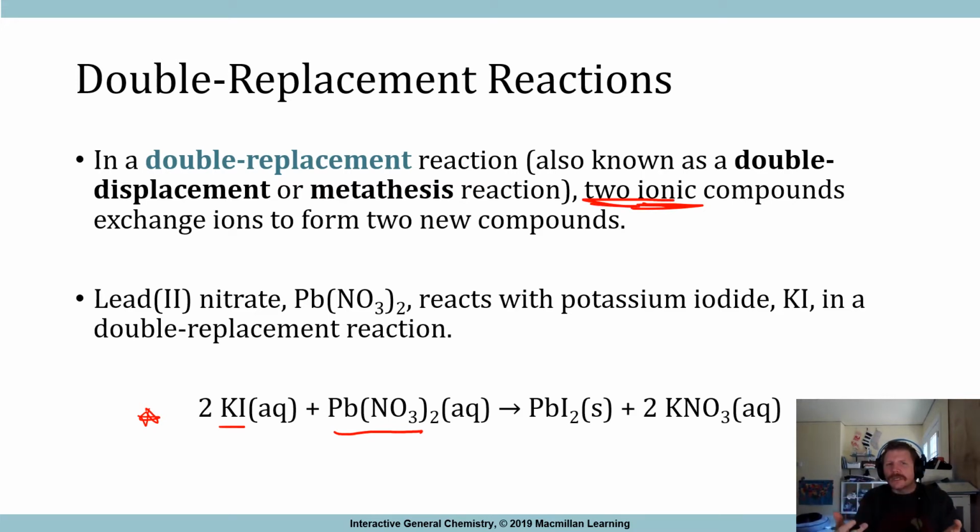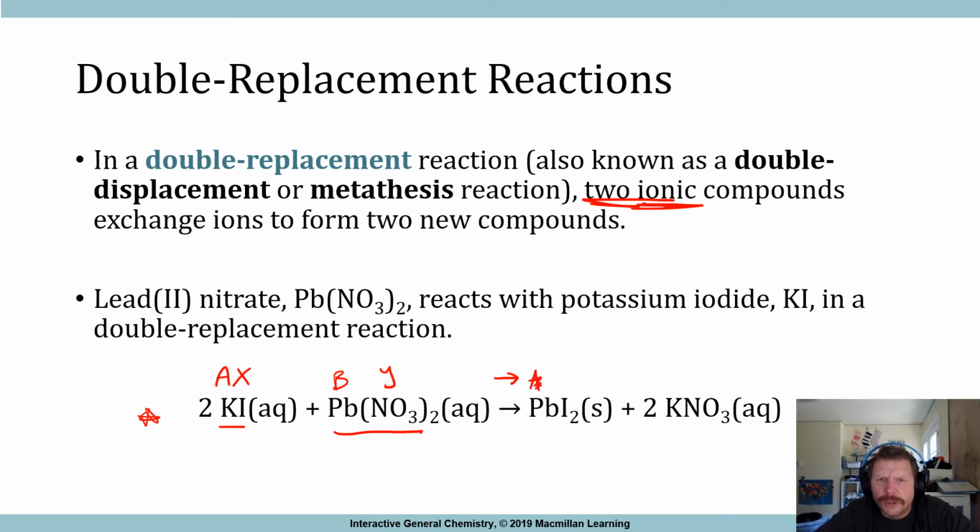The way that I always like to think about a double displacement or double replacement reaction is following a model of AX, A being the K, and X representing the I, plus BY. B represents the cation of lead, and Y represents the anion of nitrate. These 2 cations and anions, A is going to drop the X and pair up with the Y.